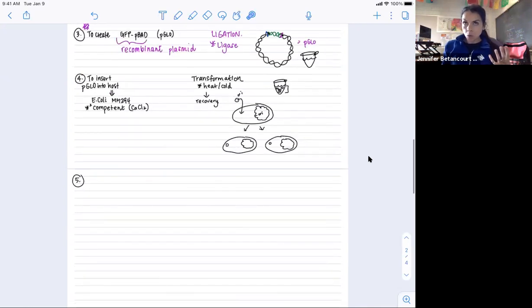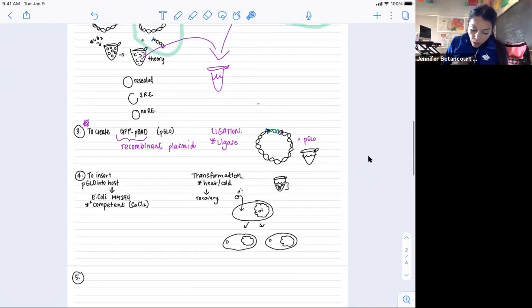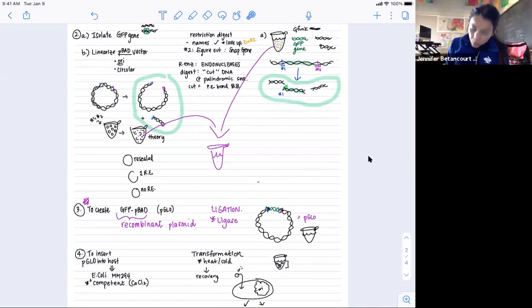So we have to come up with a way to get rid of the bacteria that potentially got the inserts that we're not interested in. If you got a resealed plasmid into the bacteria, we don't want that. That plasmid doesn't have our GFP. So let's get rid of that. We need a way to screen that out. If we got some weirdo combination where it was GFP and some other chunk and we got that into the bacteria, we don't want that either.